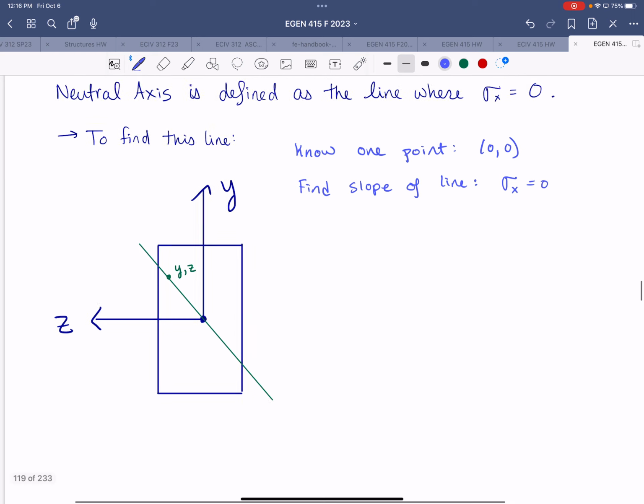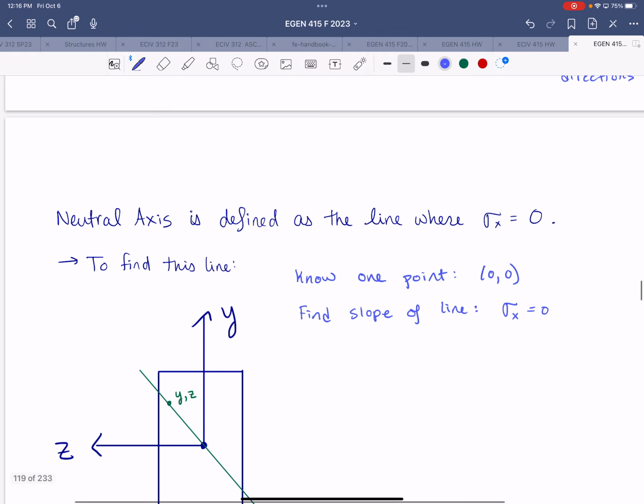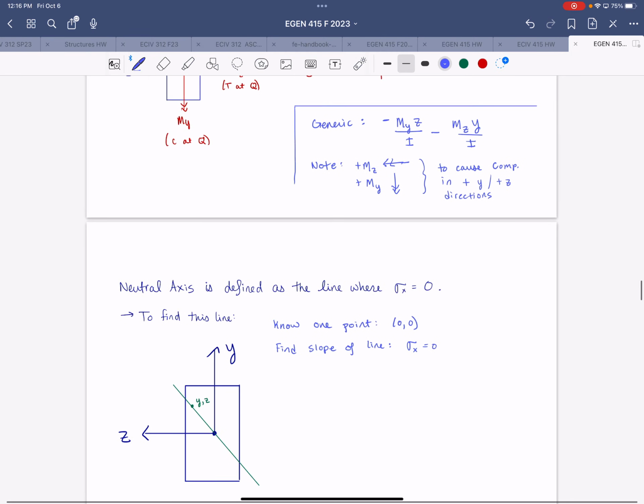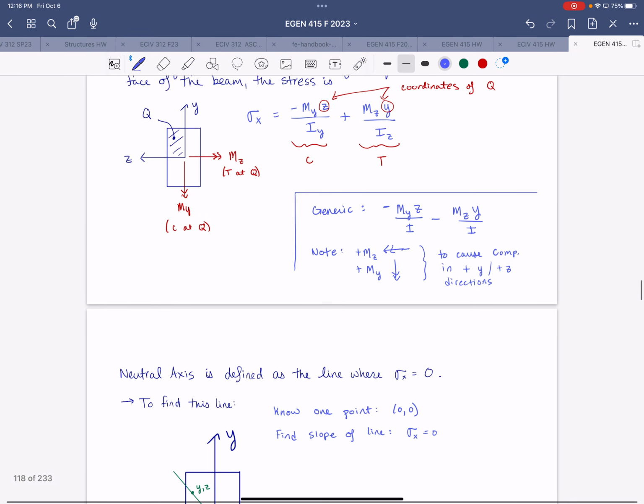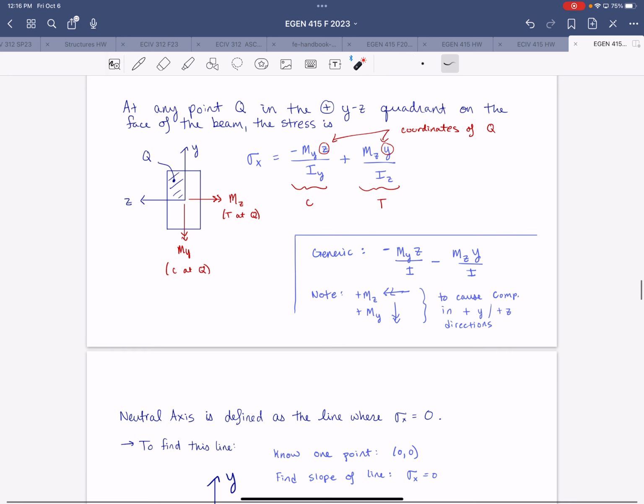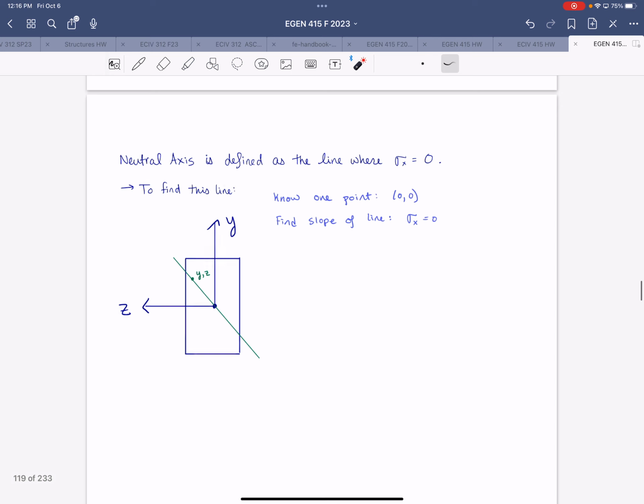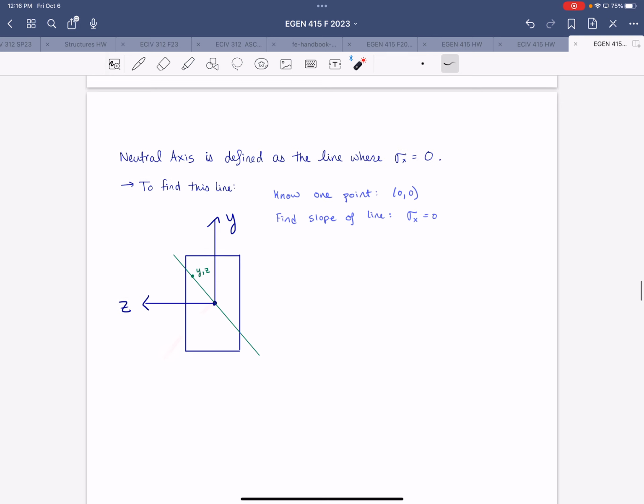All right, so with the criteria that normal stress is equal to 0, if we go back to our equation here, we'll do it for the example given with the skewed load in that direction.